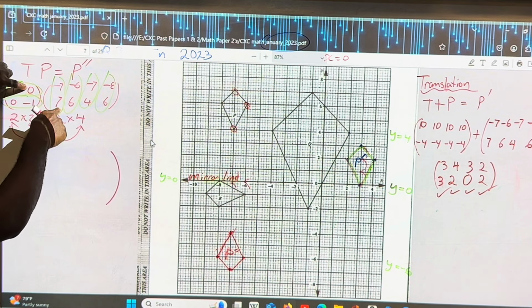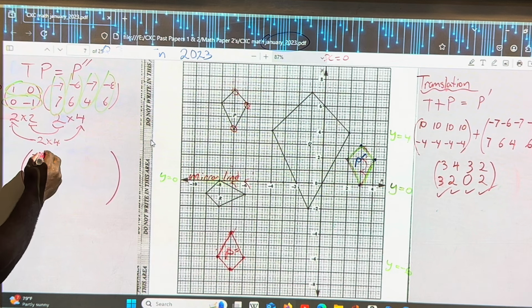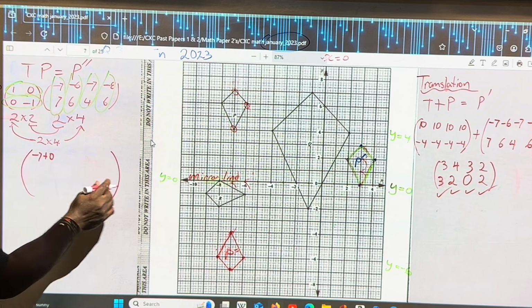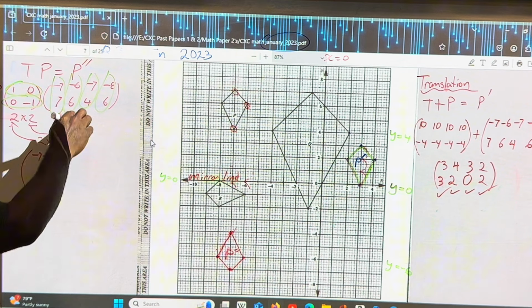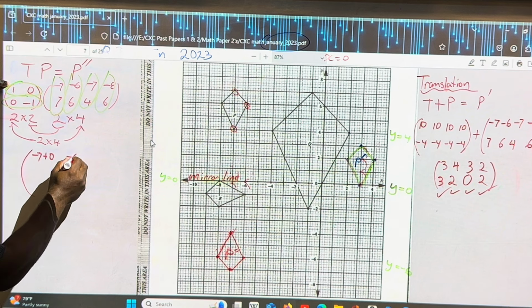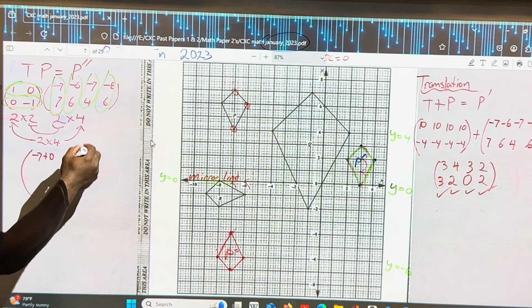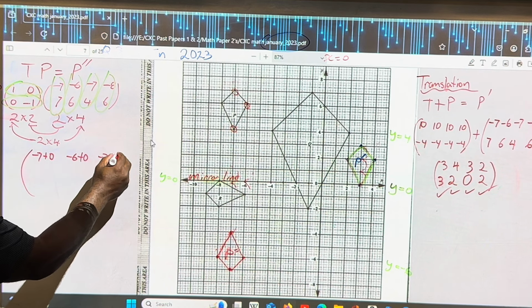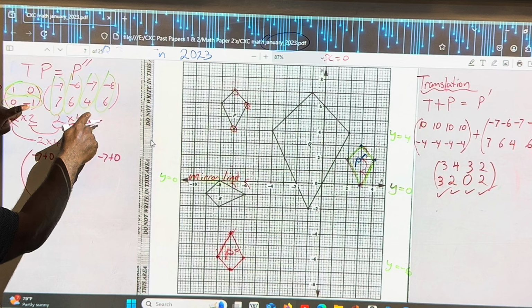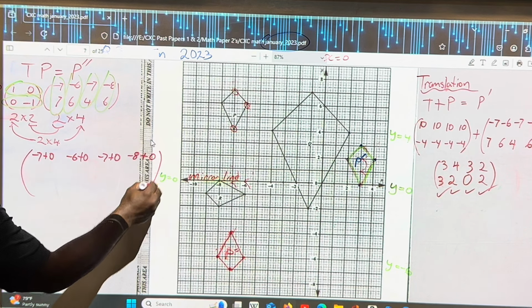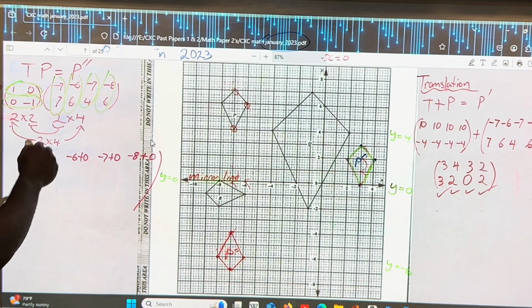Good. 0 times 7 is 0. 1 times negative 6. They're going to be what? 0. So if you have a bunch of 0s, you see the pattern? So it's going to be what? Negative 7 plus 0 and negative 8 plus 0. That's easy to see. Look at this one now.